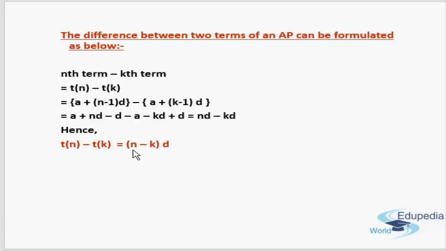For example, n could be the 29th term and k could be the 2nd term. If the common difference is 5, you can write 29 minus 2 into 5. That would give you 135. So this is the way to find out the difference between two terms. These are the only 3 formulas that we learned today in this arithmetic progression lecture.